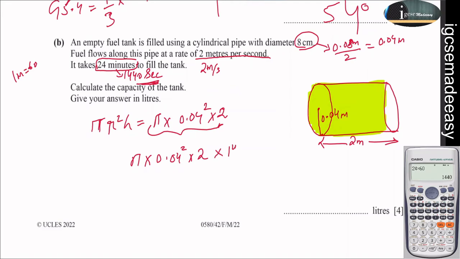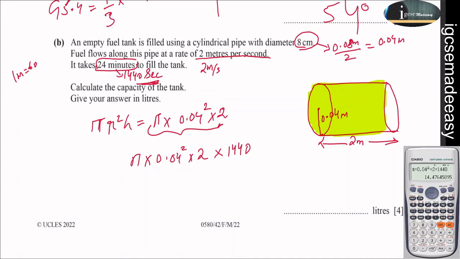So we have to multiply it by 1440 seconds to get how much volume is swept out in 1440 seconds. Let's multiply and check it. Pi into 0.04 square into 2 into 1440 equals 14.47.